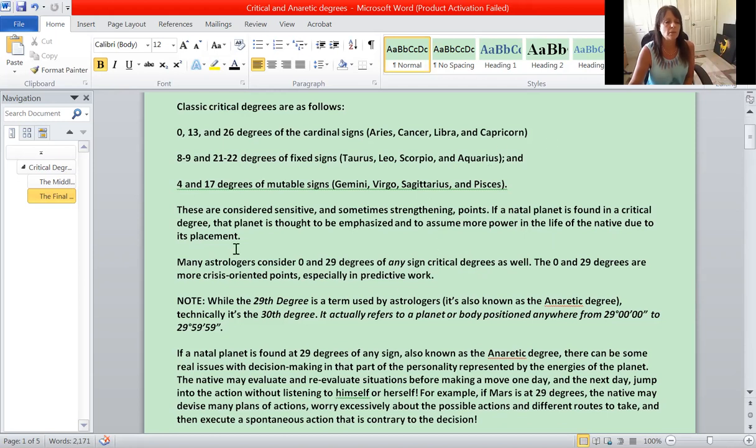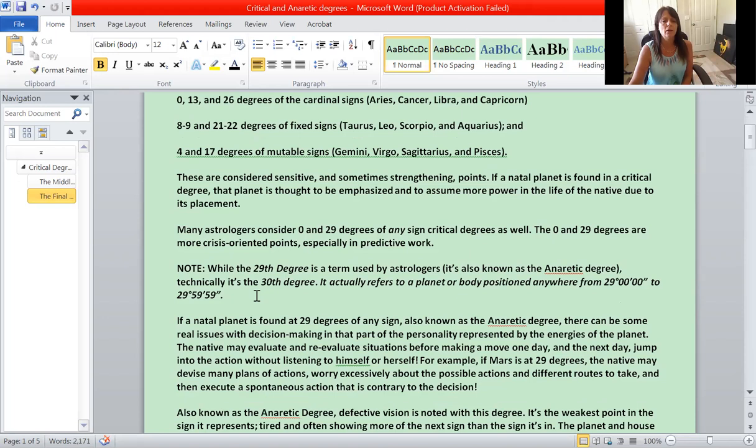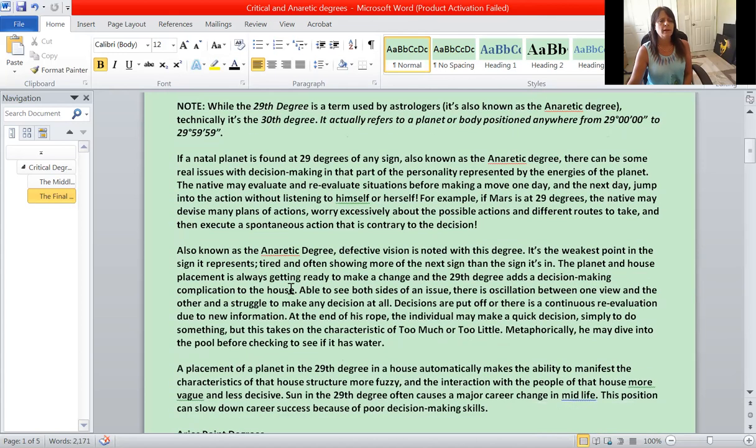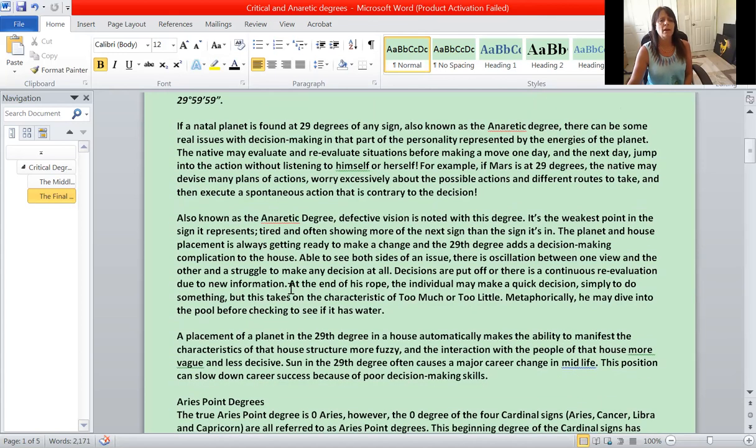Many astrologers consider 0 and 29 degrees of any sign critical degrees as well. The 0 and 29 degrees are more crisis-oriented points, especially in predictive work. All right, let's go on here. If a natal planet is found at 29 degrees of any sign, also known as the anaretic degree, there can be some real issues with decision-making in that part of the personality represented by the energies of the planet.